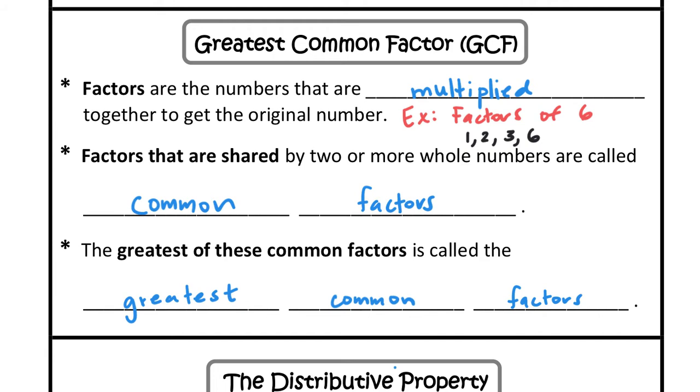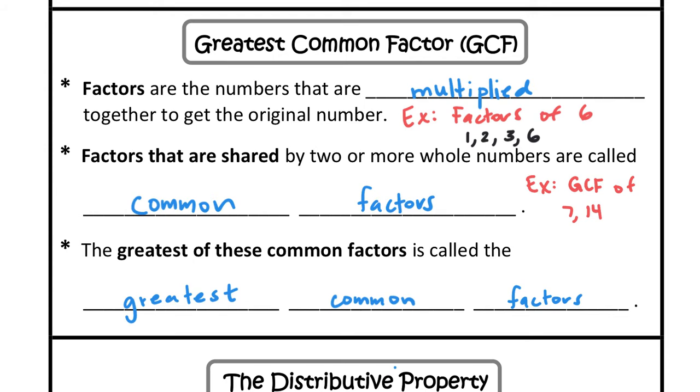Okay, so an example for greatest common factors, like if I asked, what's the GCF of, let me think of something, 7 and 14.